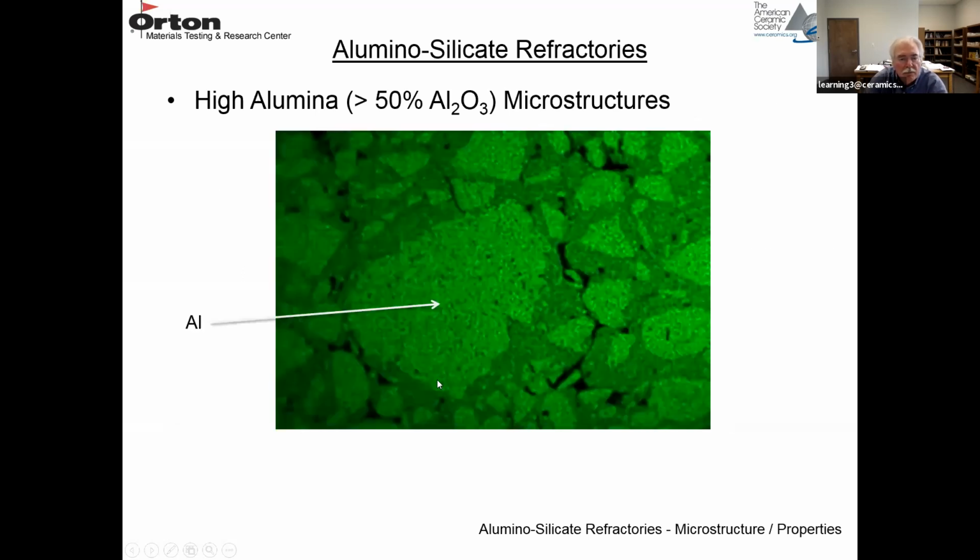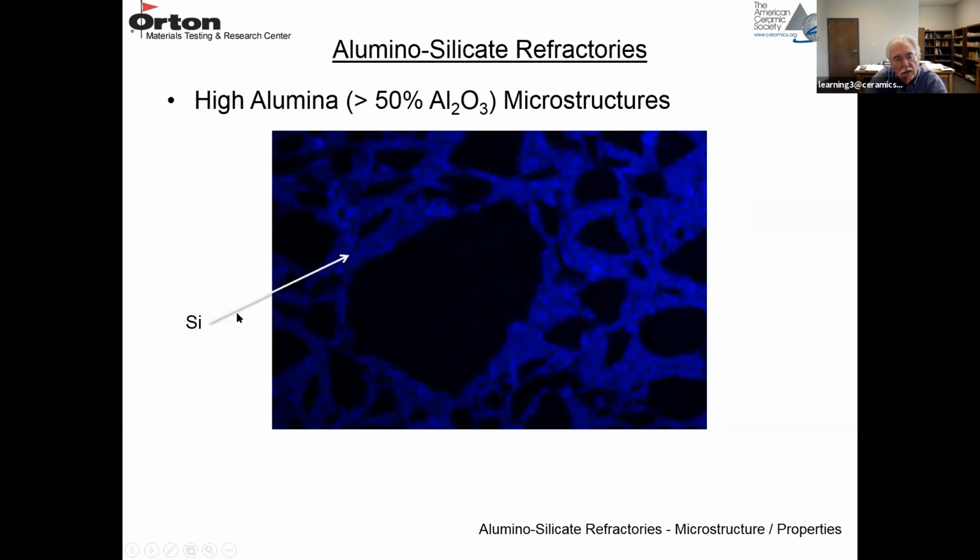So if you map the elements, if you map aluminum, and we're using green here for the color, the brighter the color, the higher the aluminum concentration. So you can see the coarse grains and the medium grains stand out quite well. And then the darker colored green that's not as bright is the matrix.